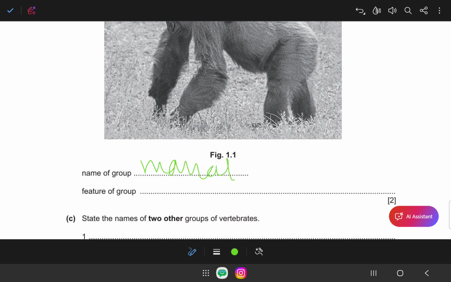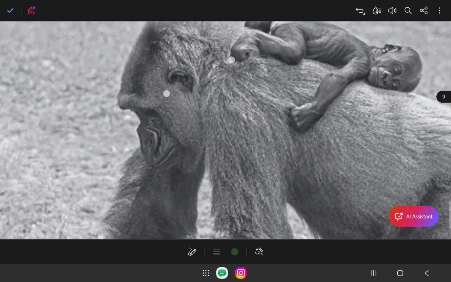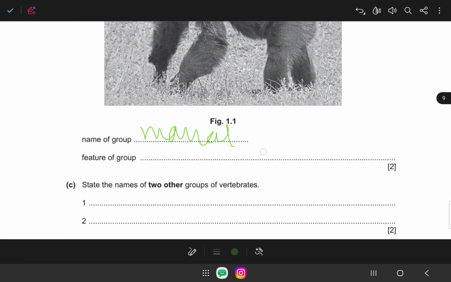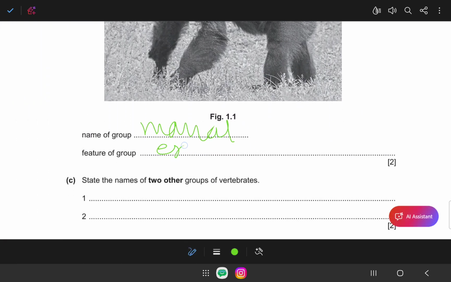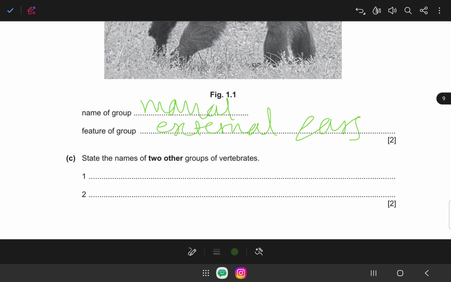We can say visible feature would be external ears or fur, but I would prefer external ears. State the name of 2 other groups of vertebrates. Fish, and birds.